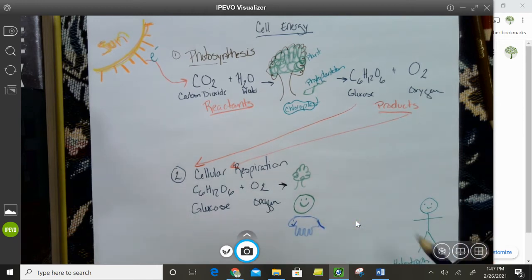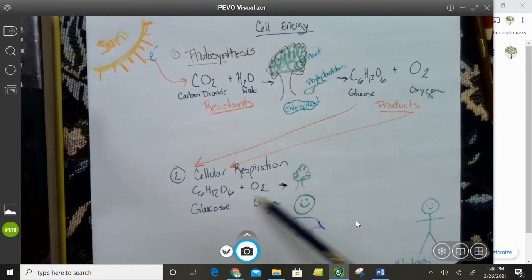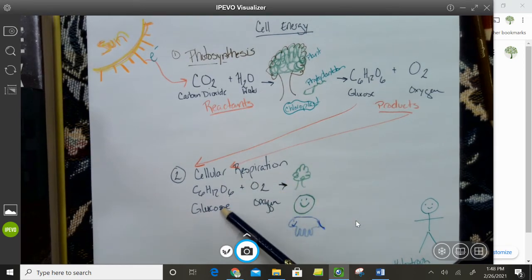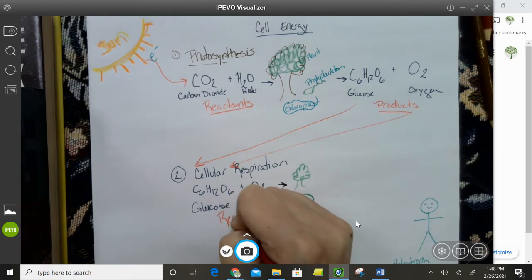So cellular respiration happens in plants and in living organisms like this, not all living organisms, but eukaryotic cellular respiration takes in the glucose and takes in the oxygen, and those are the reactants now.